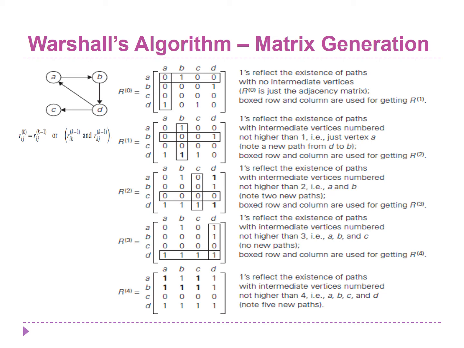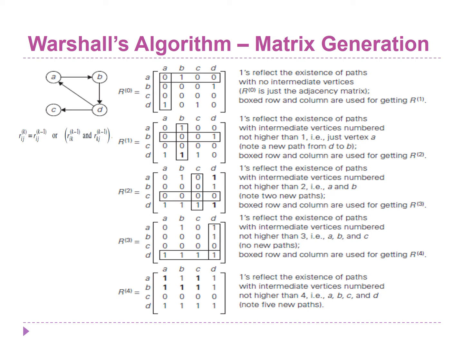For example, at the first iteration, the matrix R0 represents the adjacency matrix with a value of 1 at the ith row and the jth column if there is a directed edge from the ith vertex to the jth vertex. In the next iteration, the matrix R2 consists of value 1 at the ith row and the jth column if there is a directed path of length 2 between the ith vertex and the jth vertex.